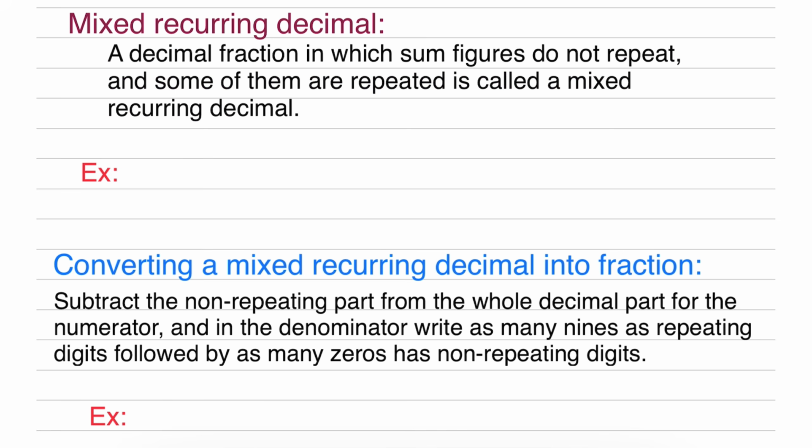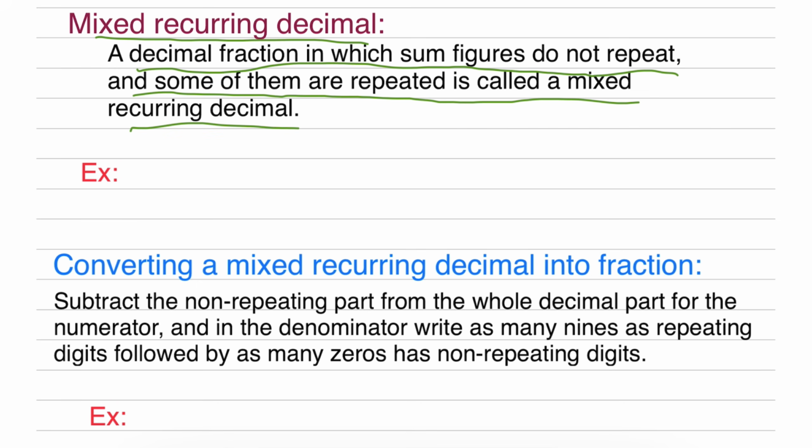Now let us see what is mixed recurring decimal. A decimal fraction in which some figures do not repeat and some of them are repeated is called a mixed recurring decimal. Means some of the digits will not repeat but some of the digits will repeat.